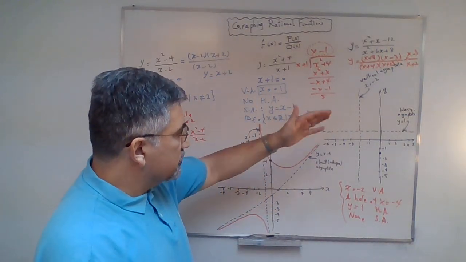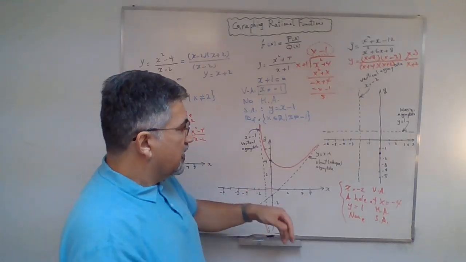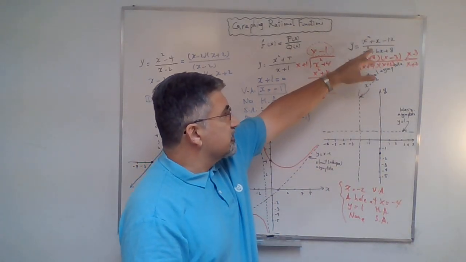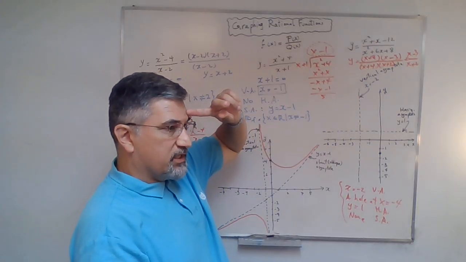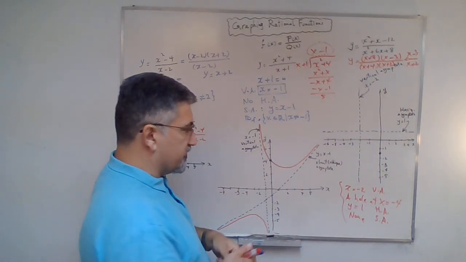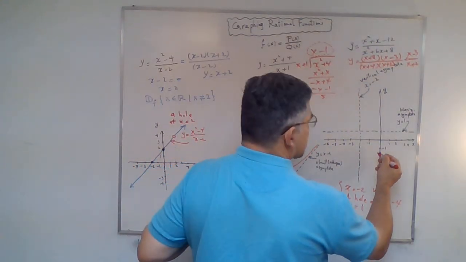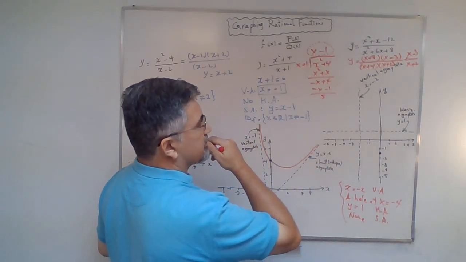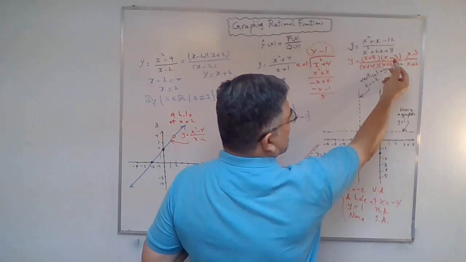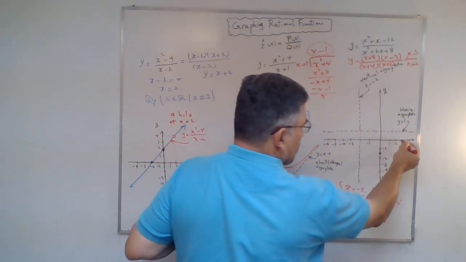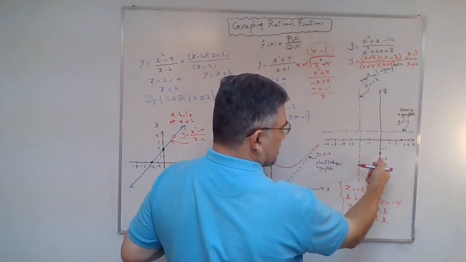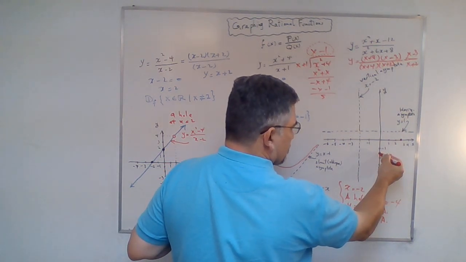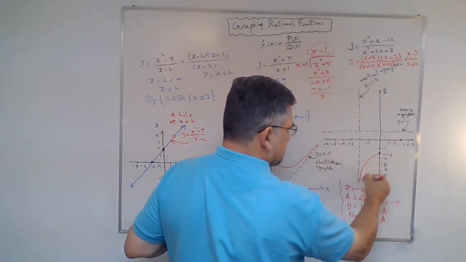And if you want to draw the sketch of this, again, performing an intercept analysis, if x is 0, you get negative 12 over 8, which is actually negative 1.5. So the graph looks like something. Do we have an x-intercept? Yes, the x-intercept is 3 actually. So the x-intercept is right there. The y-intercept is at negative 1.5. So the graph is going to look like something like this.